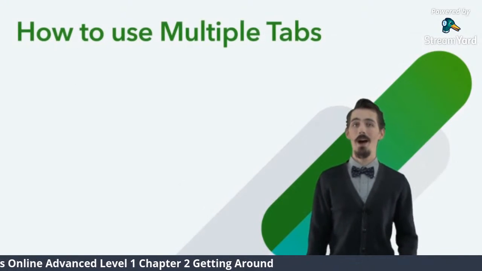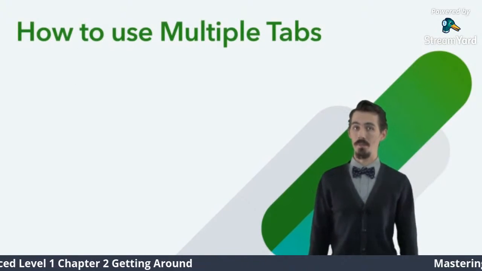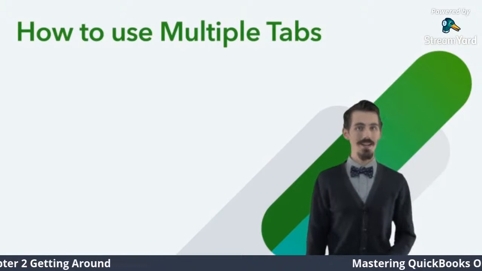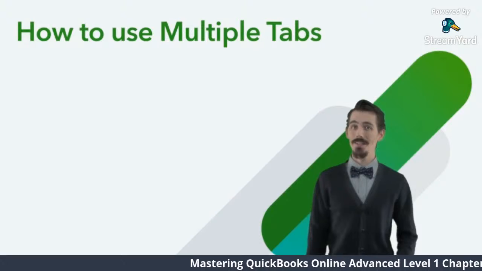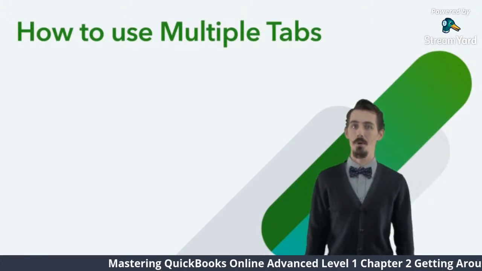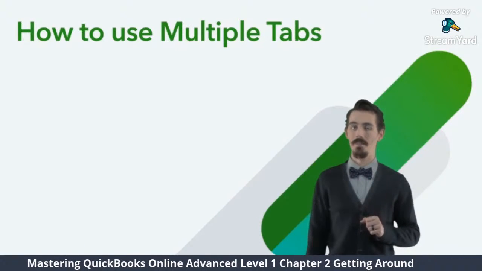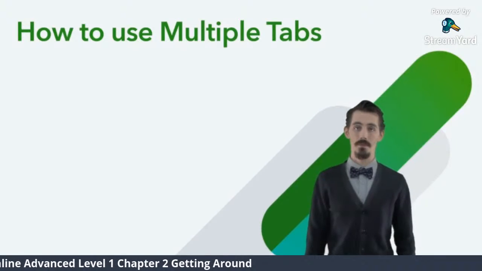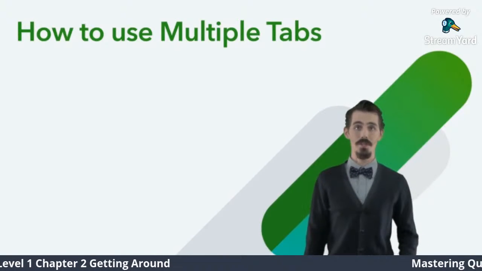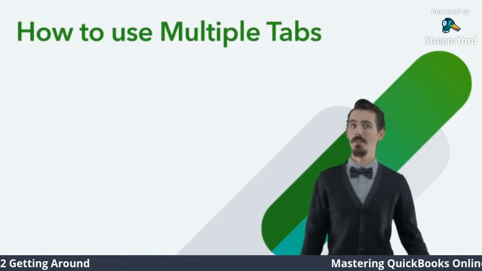QuickBooks Online is a powerful software with many capabilities. But if you're used to the desktop version of QuickBooks, you may be disappointed to see that QuickBooks Online only shows one window at a time. This is a limit faced by all web-based programs. Luckily, there's a simple solution to this: multiple tabs.